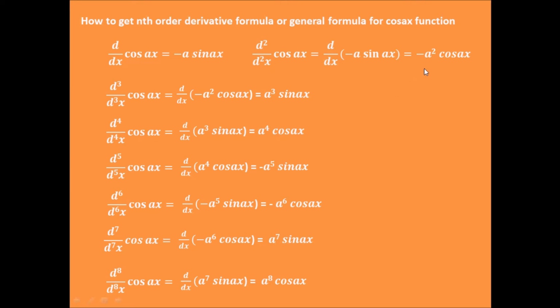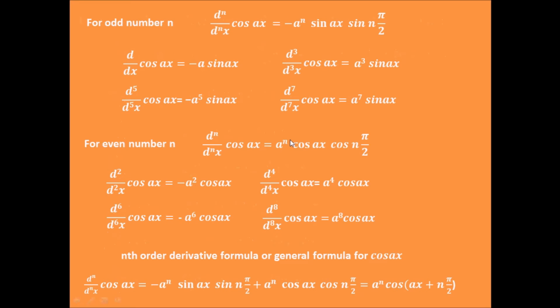However, in this case, we should realize that cosine pi equals minus 1 and cosine 0 equals 1. So, for the even number n, we can make a reasonable assumption that the nth order derivative of cosine ax equals a to the power of n times cosine ax times cosine n pi divided by 2.